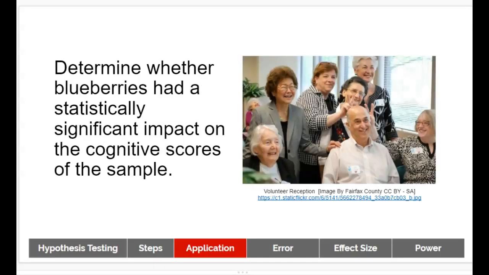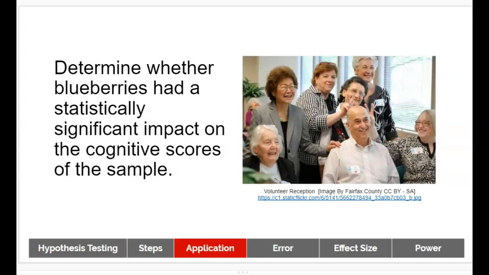I'm interested in the nutritional benefits of blueberries, and I'm interested in working with an older population. So I'm going to work with individuals that are greater than 65, and I want to see: does adding blueberries to their diet impact cognitive scores?